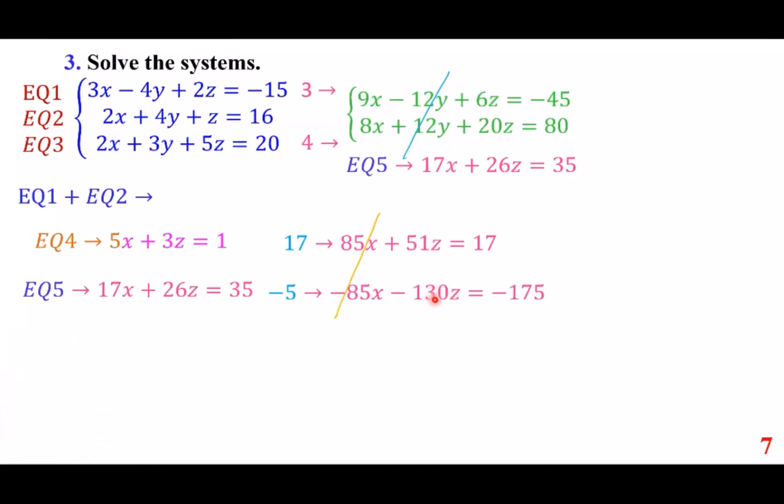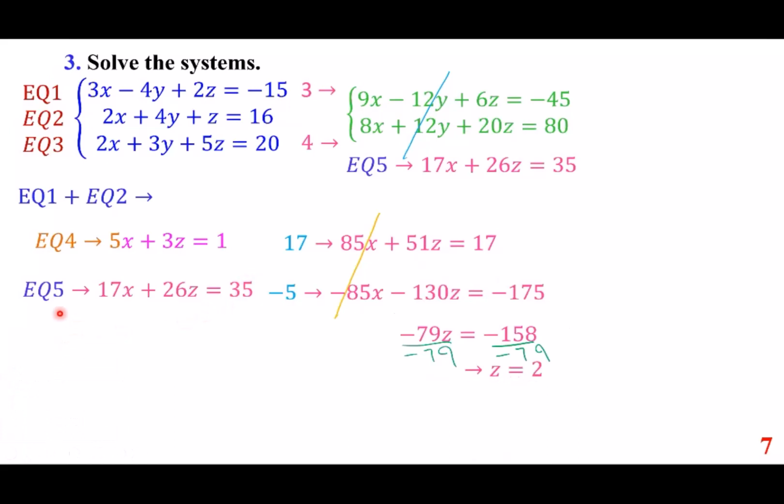These two, -79z, these two, -158. Divide by -79, you get the answer 2.